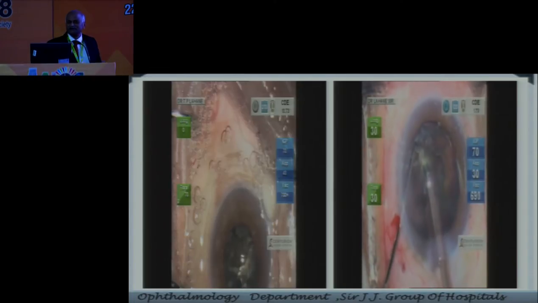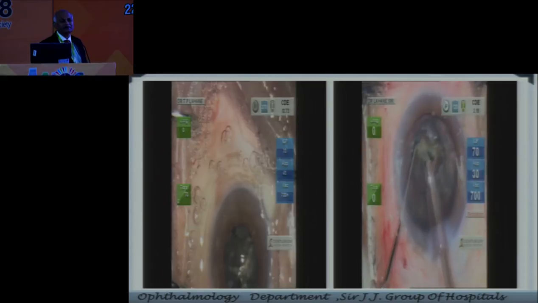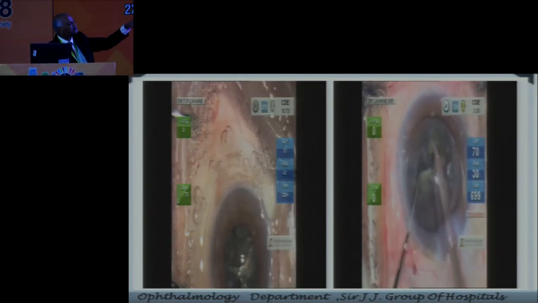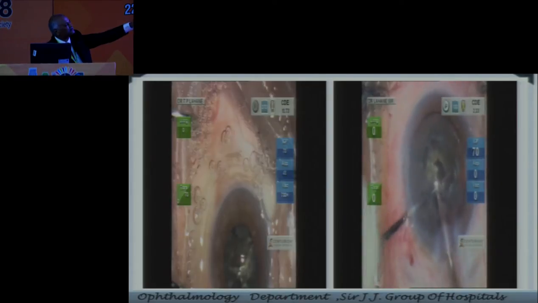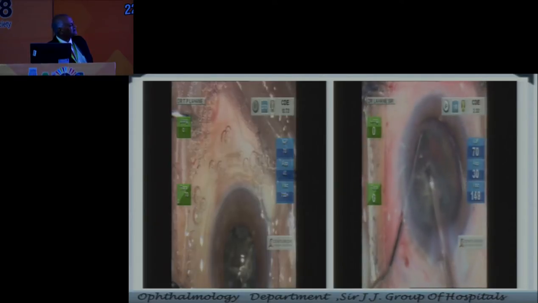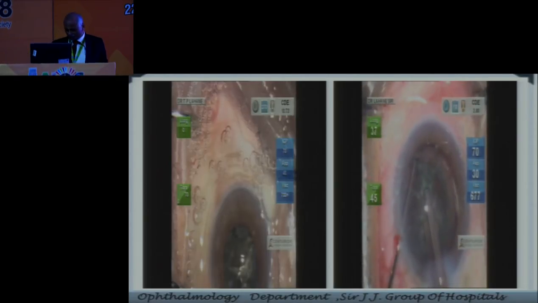It is not required that you move the foot pedal or anything like that. That is what IP, intelligent Phaco mode, is. It is software, and that is there in the Centurion machine. So you can see on the left side that I am making the pieces, and these pieces will be separated properly. That I will show you.